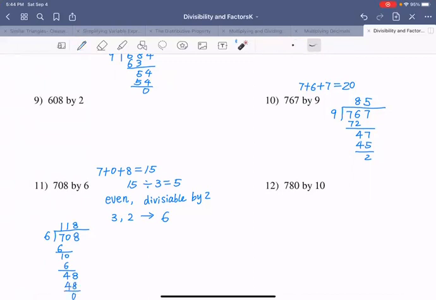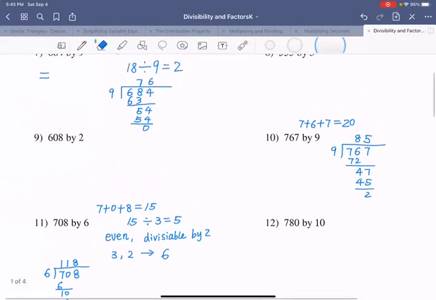Okay. So if you want to tell a number is divisible by 6, you add the digits together to check if it's divisible by 3. And then you can tell this is even, so it's going to be divisible by 2. So for example, how do you tell if a number is divisible by 18?